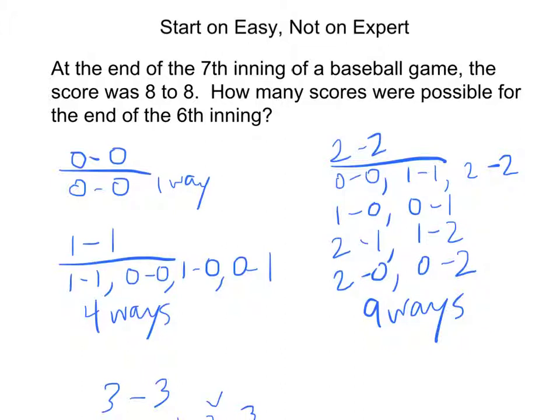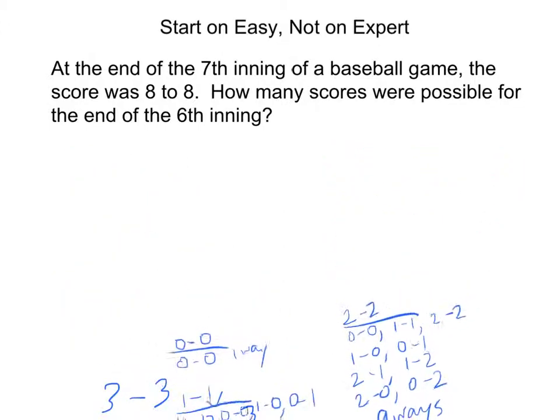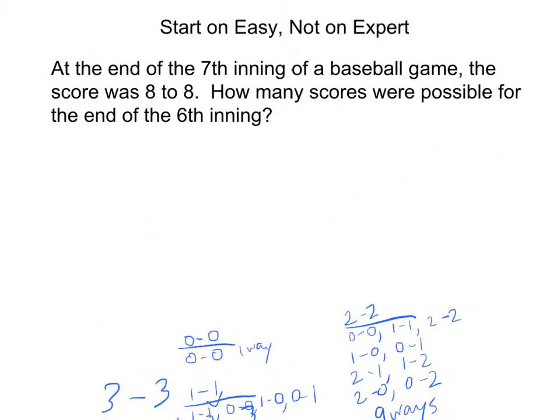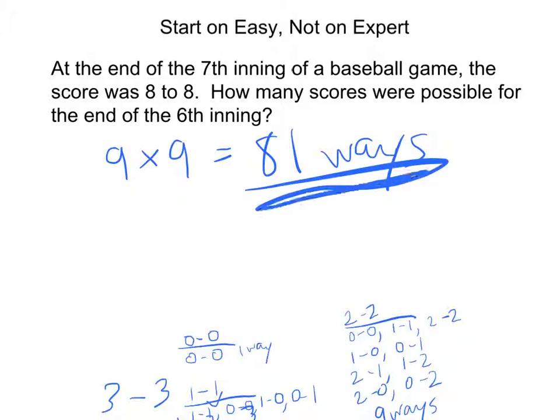So if the score was 8-8, then there were 9 scores possible. Anything from 0-8 was possible, and so if we take that, we got 9 possible scores times 9 possible scores equals 81 possible scores for this problem.